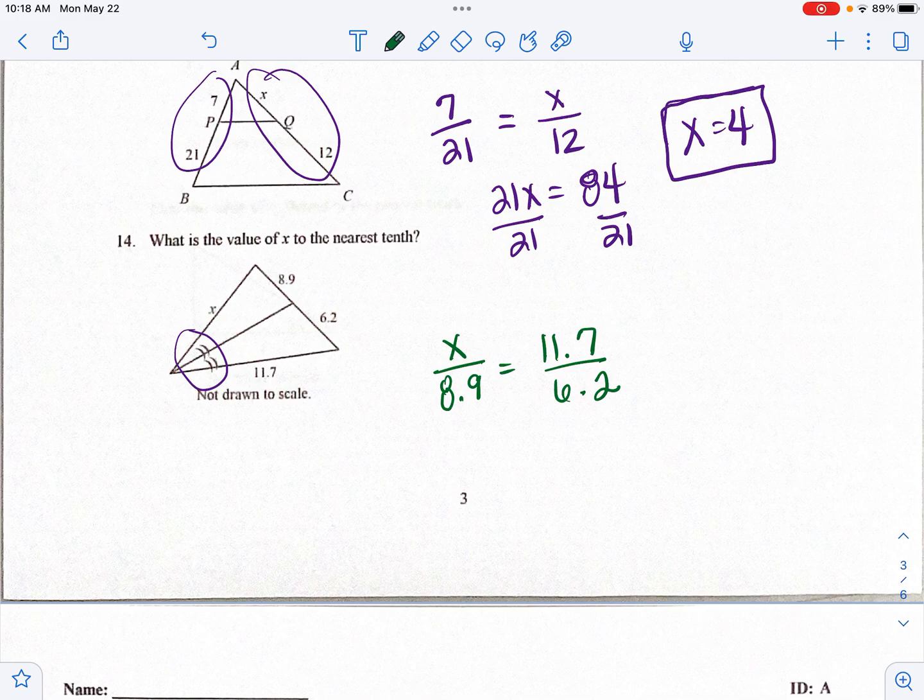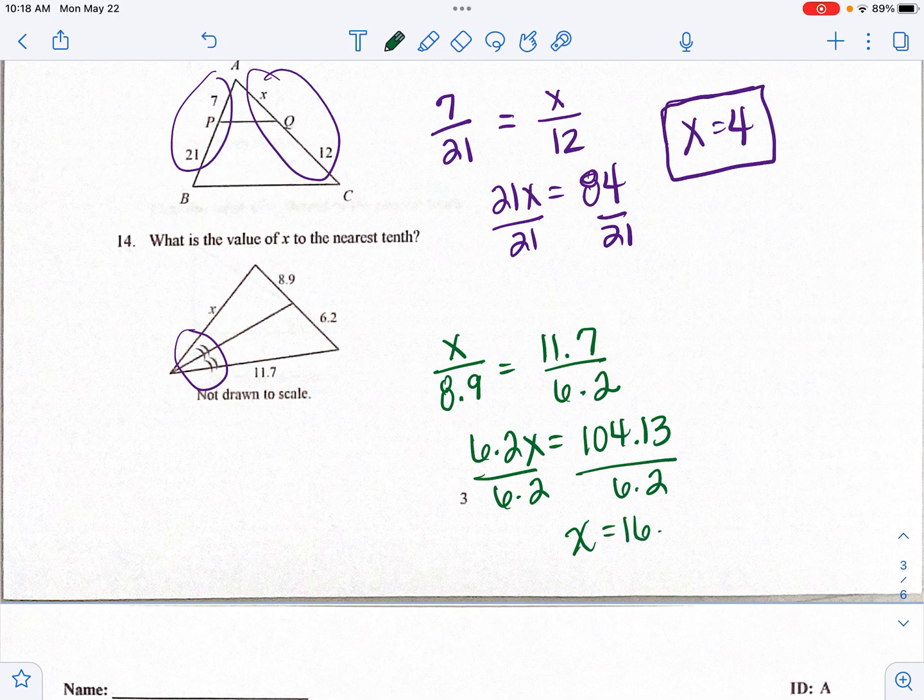All right, so if I cross multiply here, I get 6.2x equals, and 8.9 times 11.7 is 104.13. We get a not nice decimal for this one. Divide both sides by 6.2. The value of x here is 16.8. Whenever I rounded, I did have to round that one.